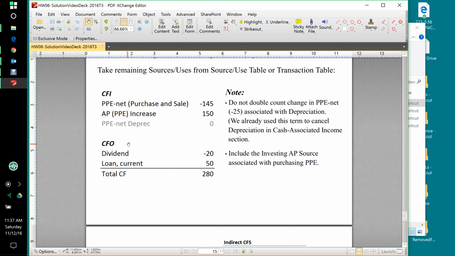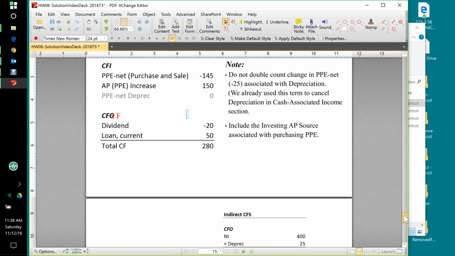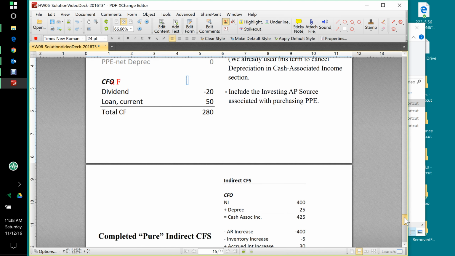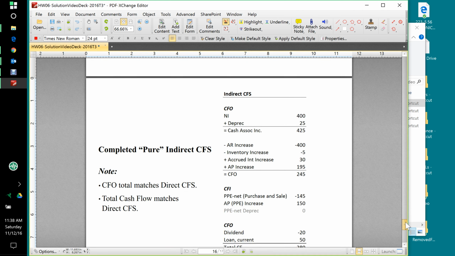It should, of course, say CFF. So let me make that little correction right here. That should be an F. We have our dividend, that's always cash out the door, and we got our loan, that's cash in the door. So our total cash flow is 280, and that matches what we had on the direct method statement.